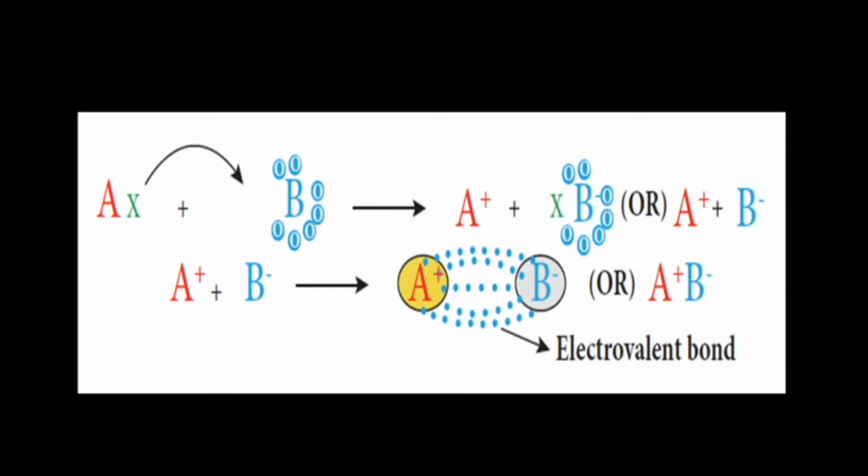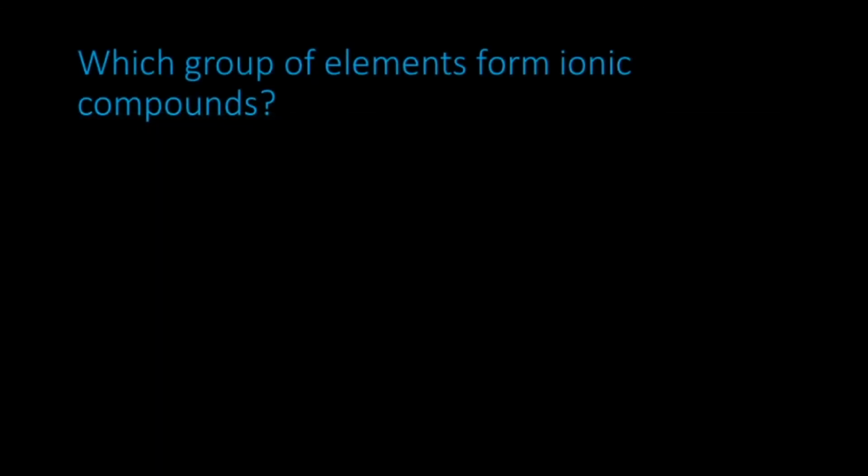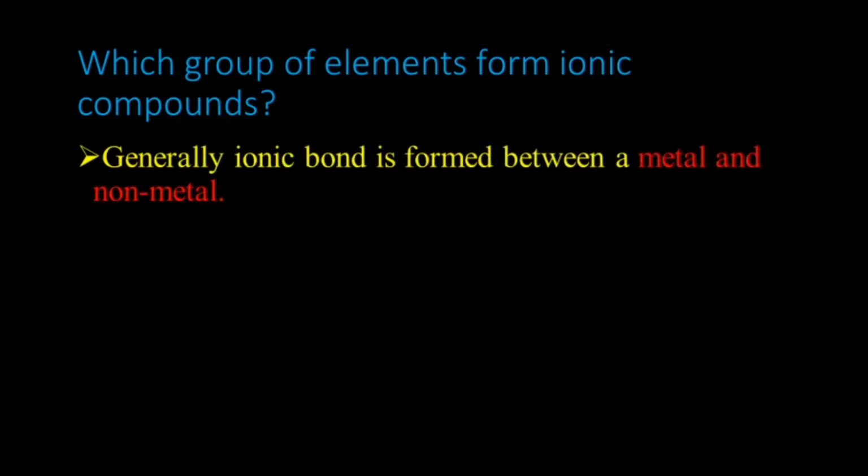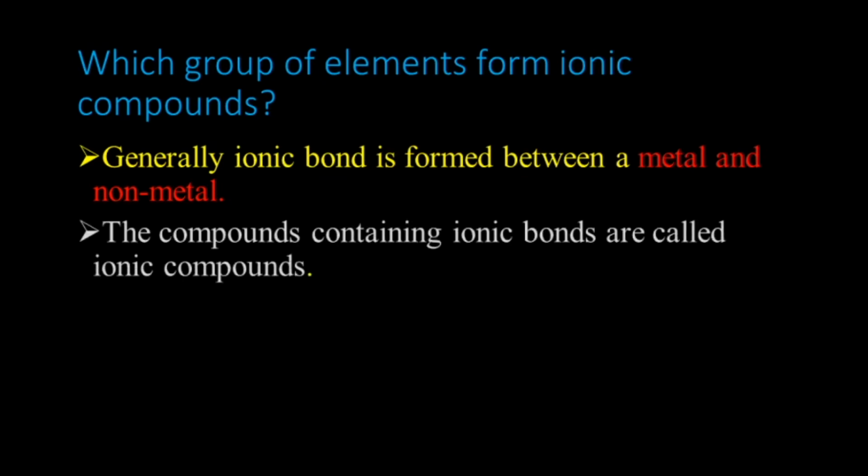Next we are going to discuss which group of elements can form ionic bonds. Generally, ionic bond is formed between a metal and a non-metal. So metals and non-metals are joined together and form an ionic bond. The compounds containing ionic bonds are called ionic compounds.